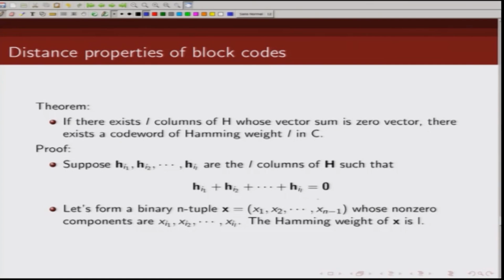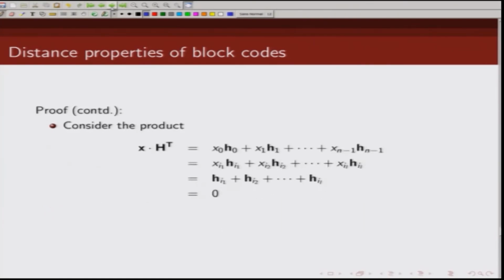We said the vector sum of these L columns is 0. If that is the case, then this is equal to 0. So, what we have shown now is xH transpose is 0. Now, if xH transpose is 0, then x has to be a valid code word.